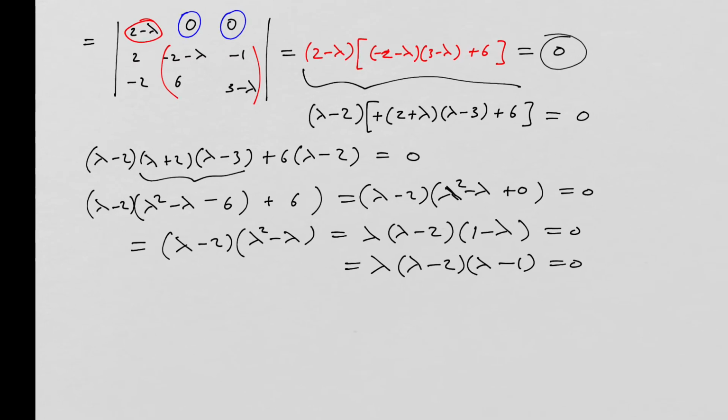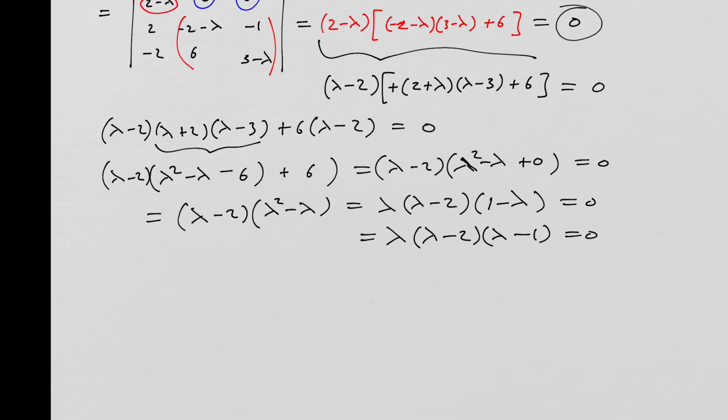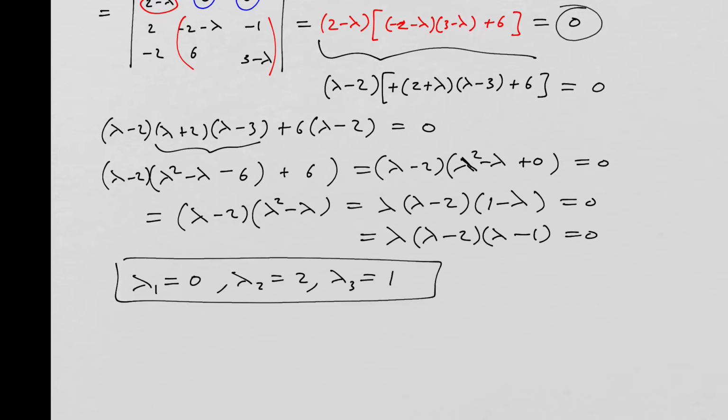They're all equal to 0, so I can just change the sign of this thing at will. All right, so now we have our roots. Lambda 1 is equal to 0. Lambda 2 is going to be equal to 2, and lambda 3 will be equal to 1. So there's our roots.